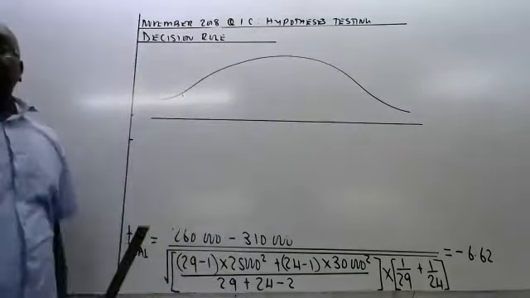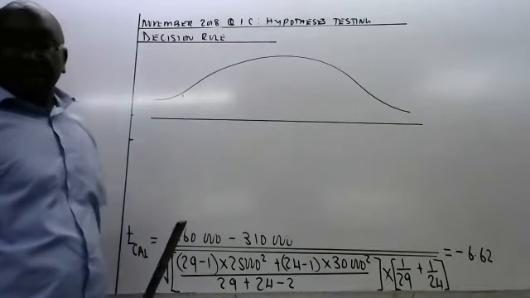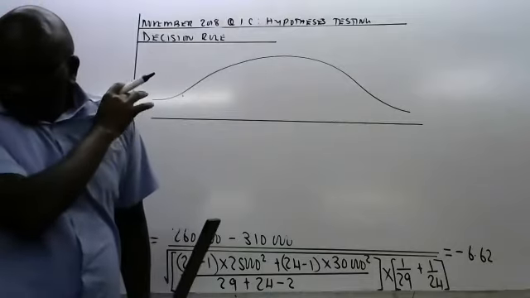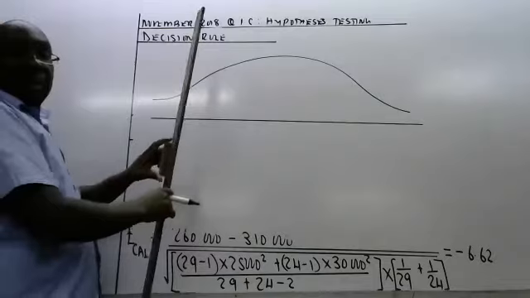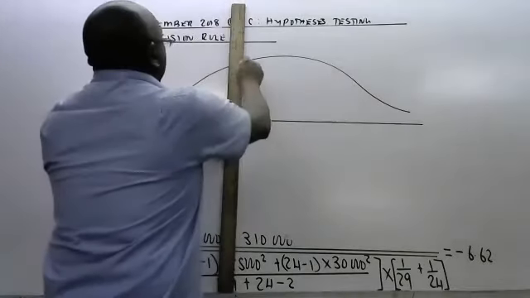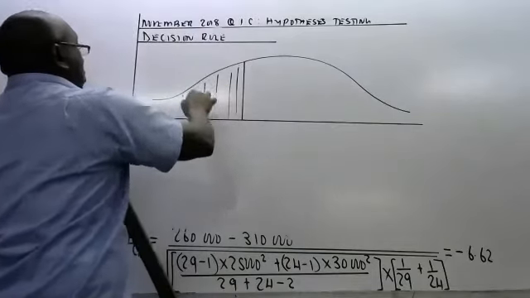And because in the alternative hypothesis we had said is less than, then we are coming for the less than sign here. This is the one that we want.